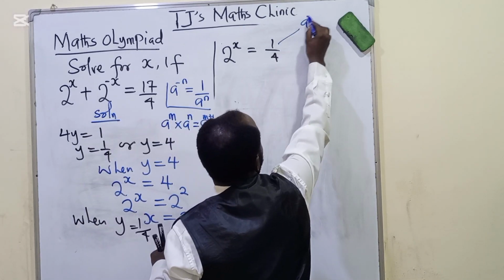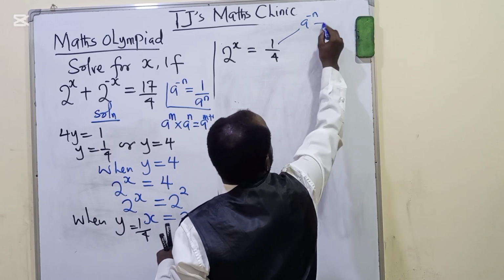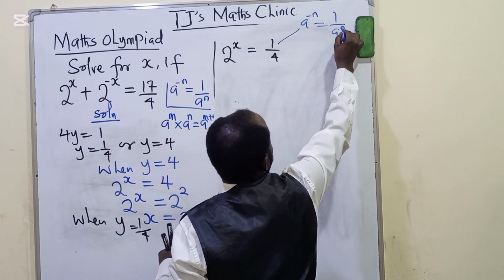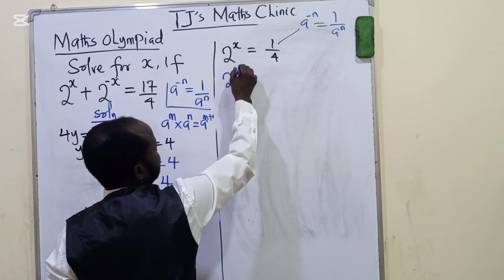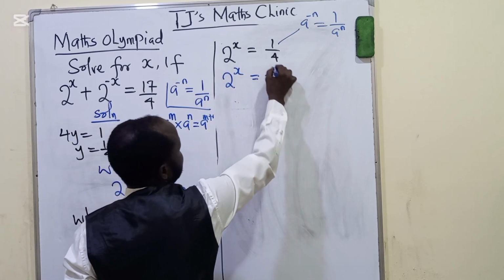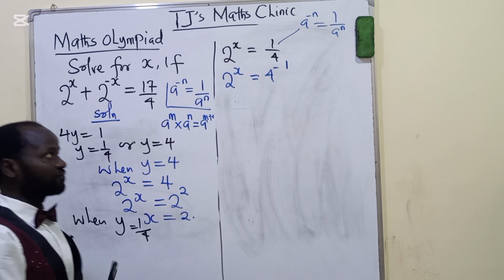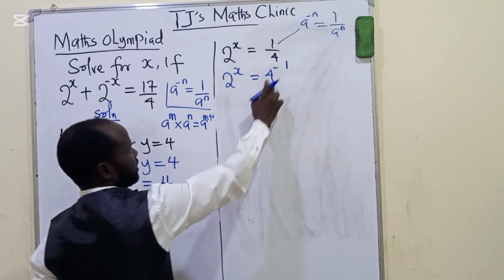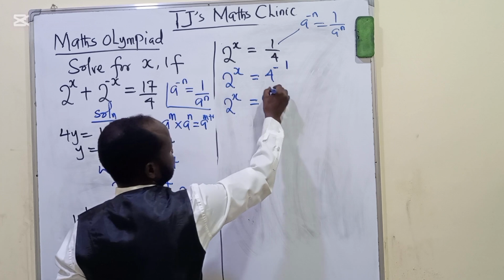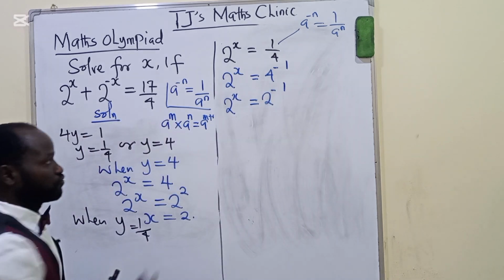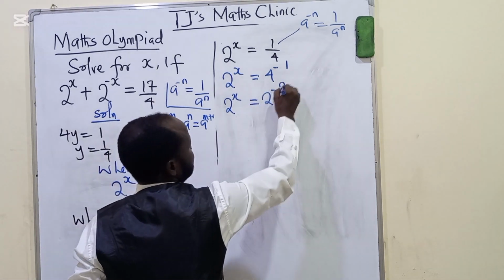Recall, we have a power minus n. This is the same as 1 divided by a power n. So I can write this as 2 power x equal to 4 power minus 1 using the negative law of indices. So this 4, I can write as 2 power minus 2.